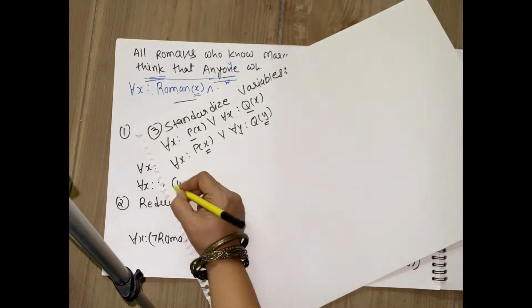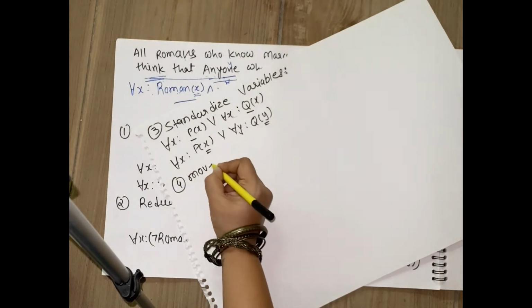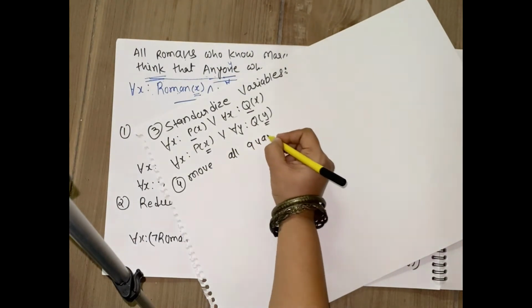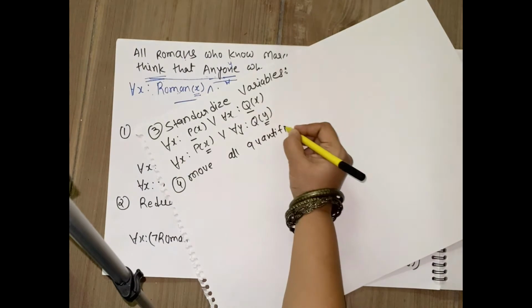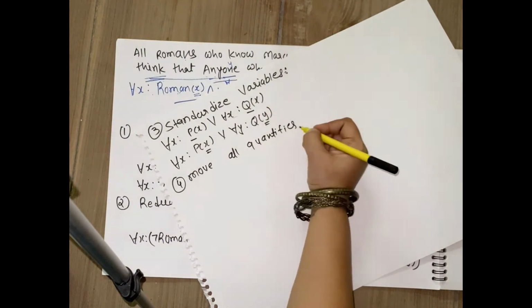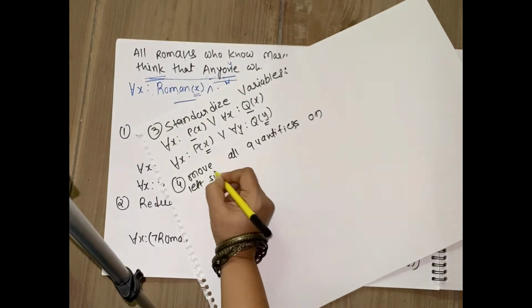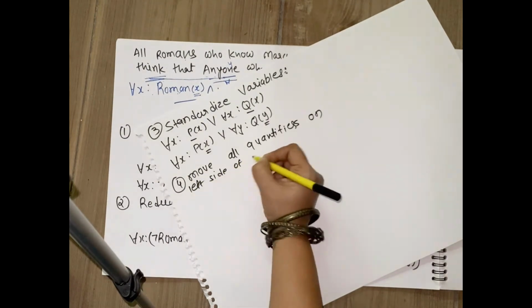The next step says move all quantifiers to the left side of the formula.